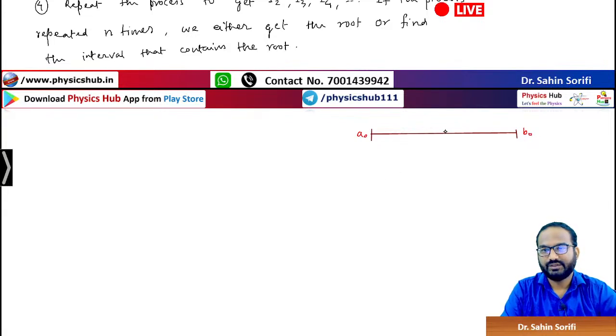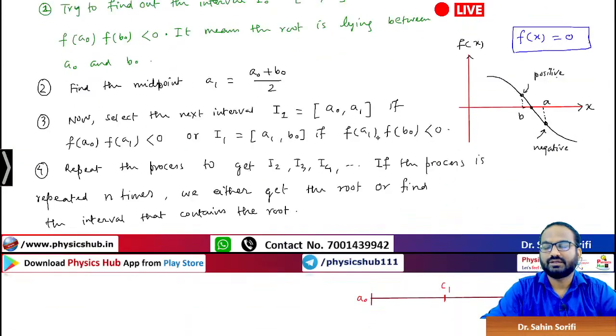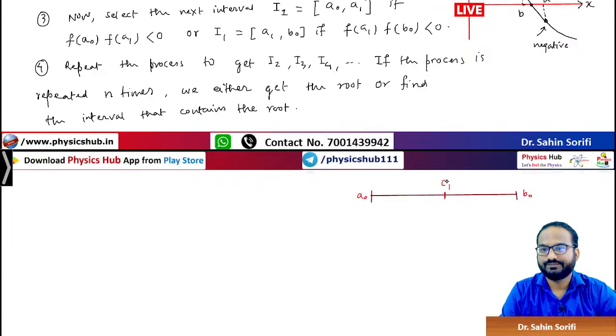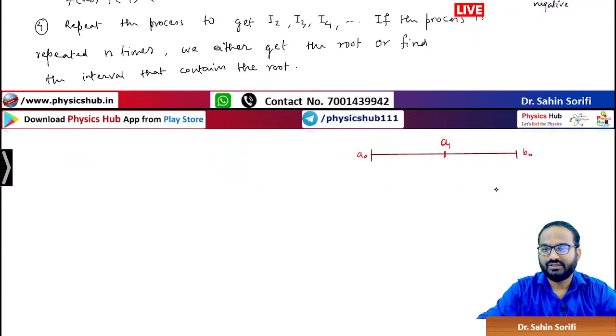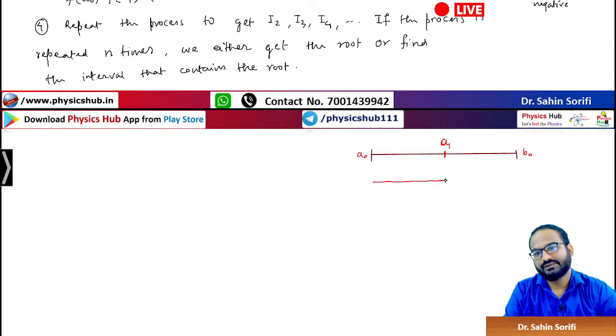And you find the midpoint. This is A1. Then you will check, now the next interval will be like this.